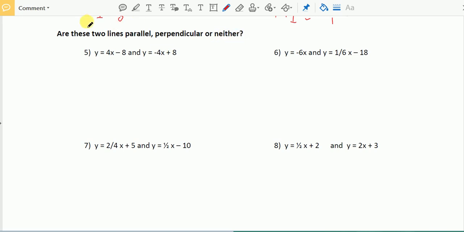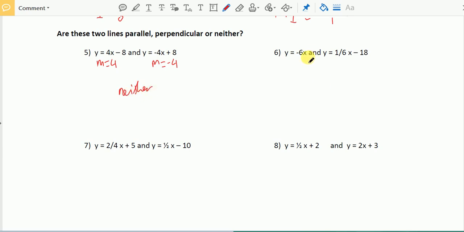Let's try the first case. This one, I have the slope, which is the number in front of the x term, to be 4. This one, I have minus 4. Because 4 and minus 4 are not the same and not negative reciprocals, this case is neither.